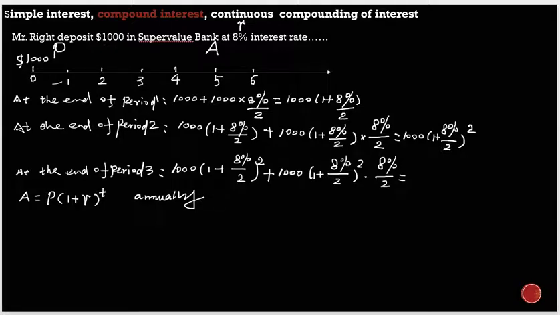Now we got 1,000 times 1 plus 8% over 2 to the third power.